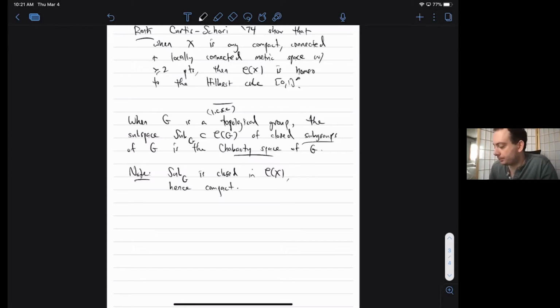Proving that it's closed is pretty immediate, basically just because multiplication is continuous, so it passes through the limits in the definition of the Chabauty topology, or rather in the sequence interpretation of the Chabauty topology.